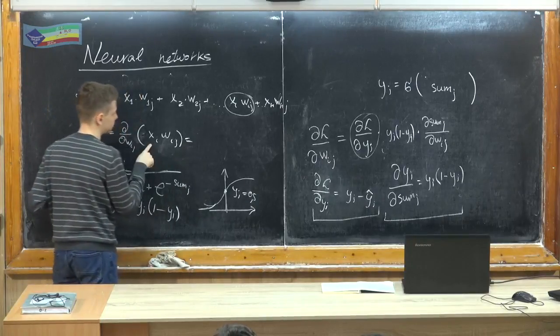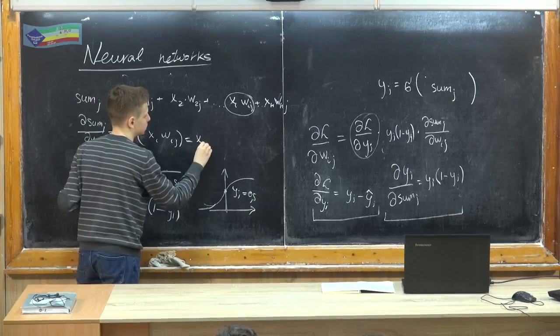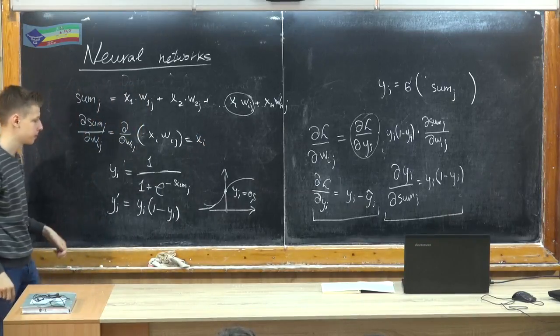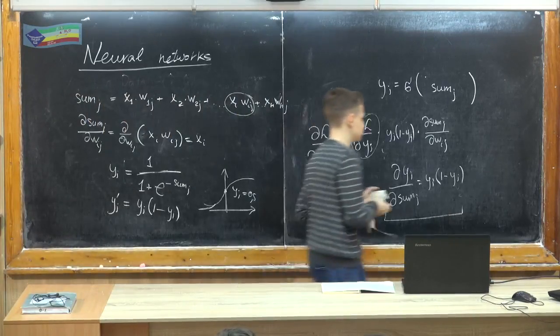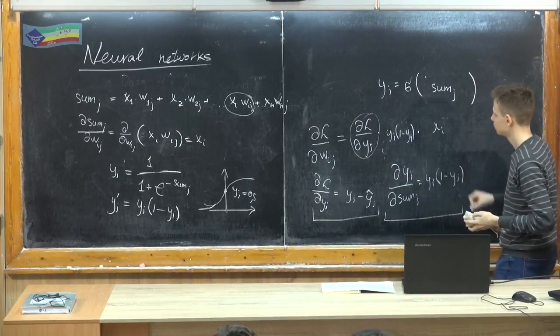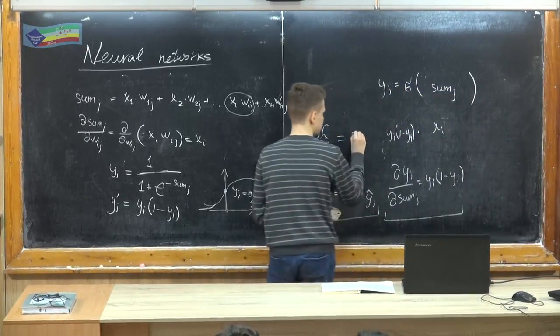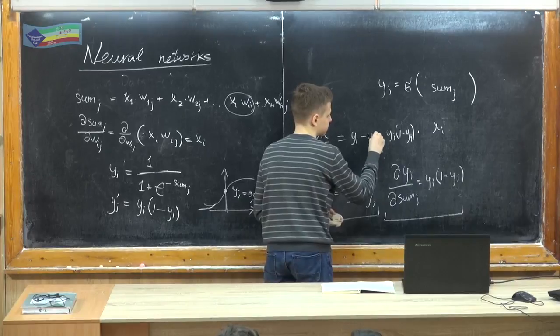As we have x multiplied by some constant, this will be just a constant, xi. So this can be rewritten as xi. This can be rewritten as yj minus yj with a hat.